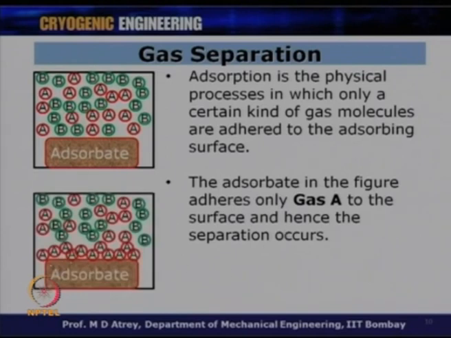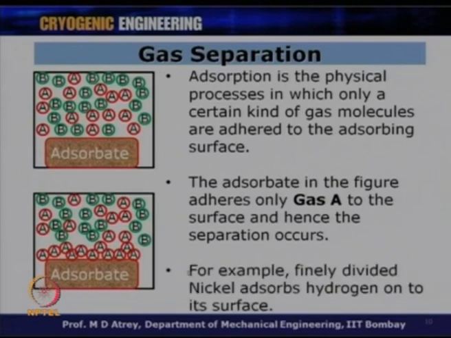What you can see here, the layer here will have only A components adhered to it, while all the A's would be getting adsorbed, and B would remain there, meaning A and B have got separated. For example, finely divided nickel adsorbs hydrogen on its surface. So, if I want to separate hydrogen, I can use nickel as an adsorbent, and hydrogen will get adsorbed on the surface of this nickel.